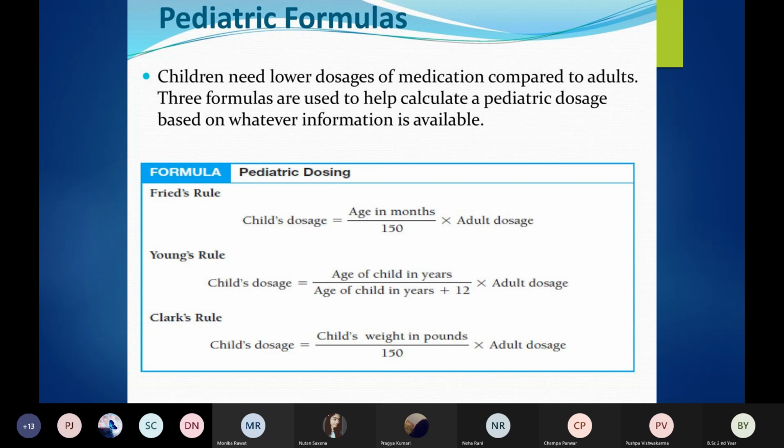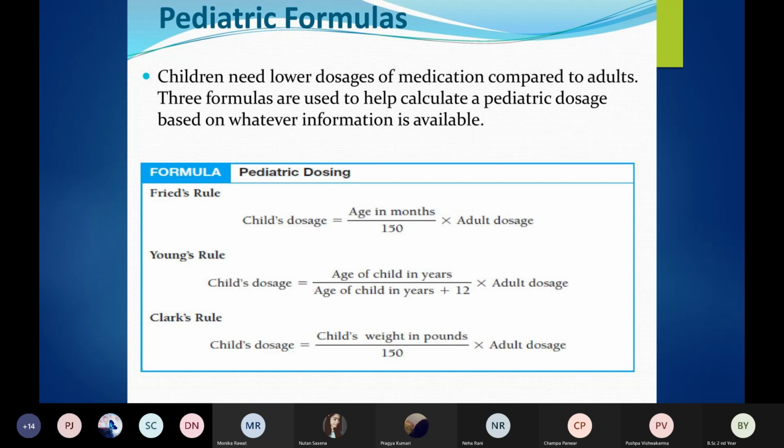In Clark's rule, the child dosage is equal to child's weight in pounds divided by 150 into adult dose. These are the three important pediatric formulas that we follow so that we can calculate the dosage of the medicine to be given to the child. And always remember, you have to know the adult dose.